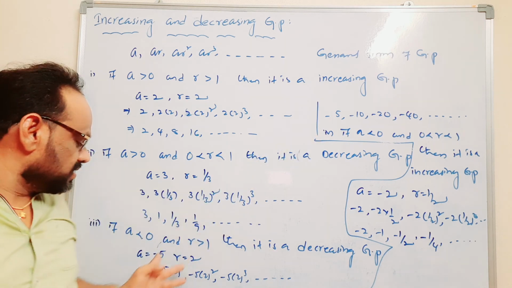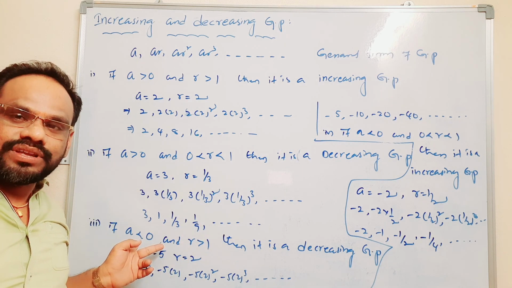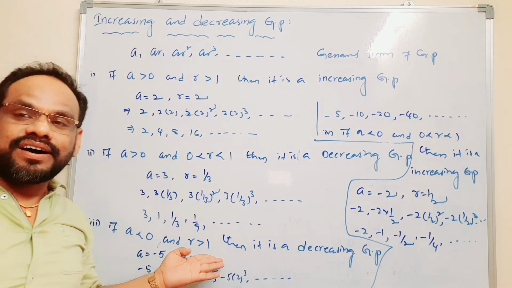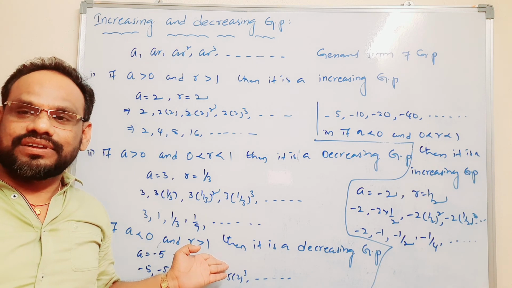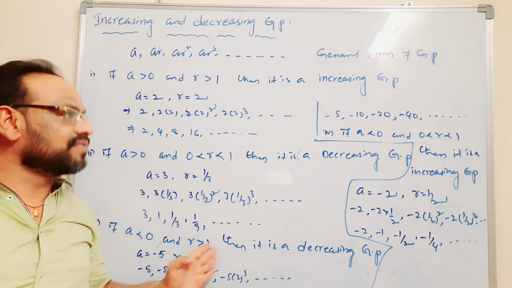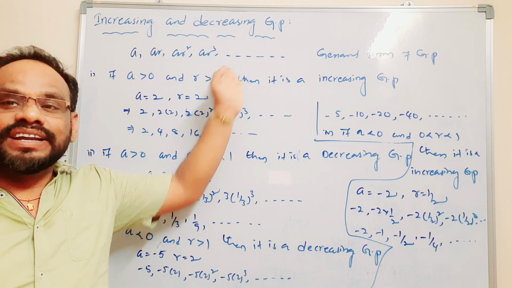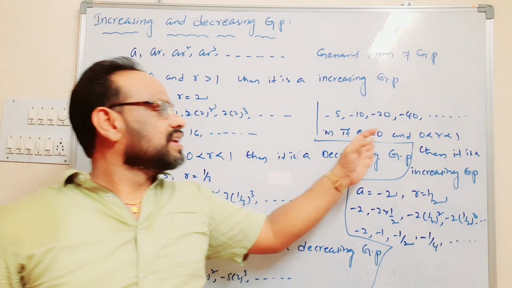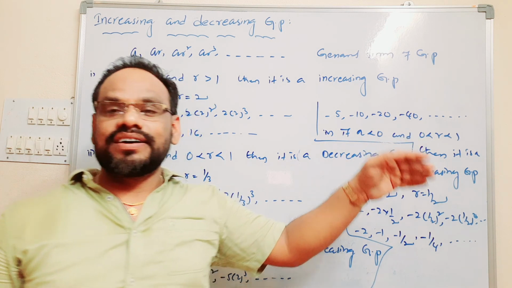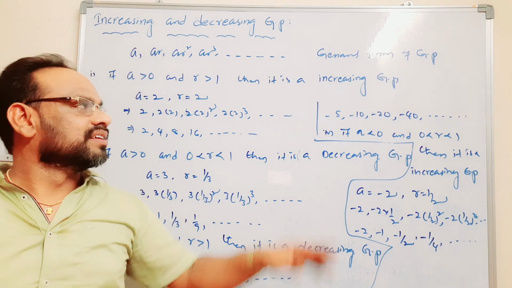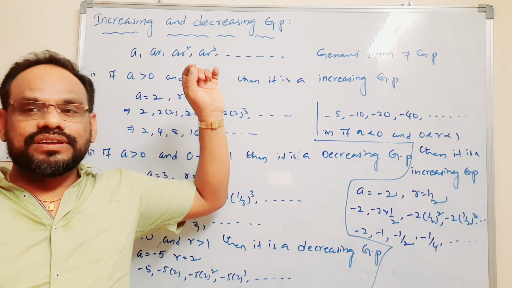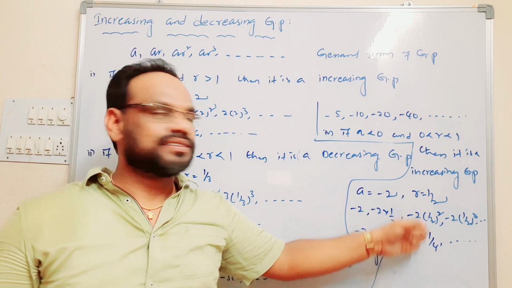If A is less than 0 and R is greater than 1, clearly the given GP is a decreasing GP. And fourth one, if A is less than 0 and R lies between 0 and 1, the given GP is always an increasing GP.